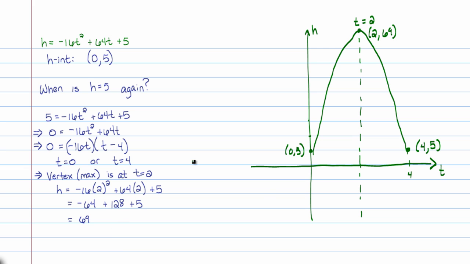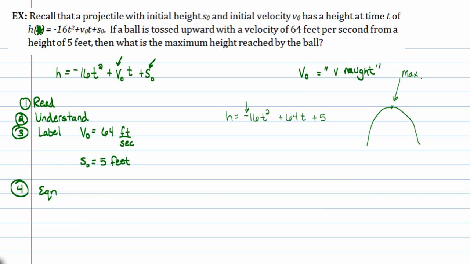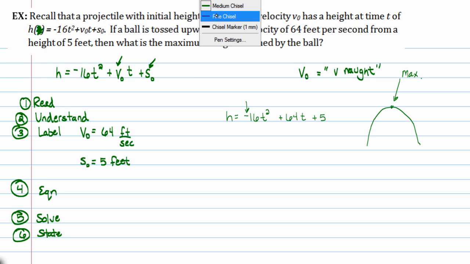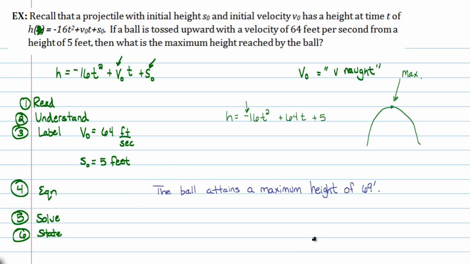So now when you're done doing all the computations, you should always, well, technically the 5th step for a problem solving process is to solve, and the 6th step is to state the conclusion. And here we're going to go ahead and state our conclusion as being the ball attains a maximum height of 69 feet.